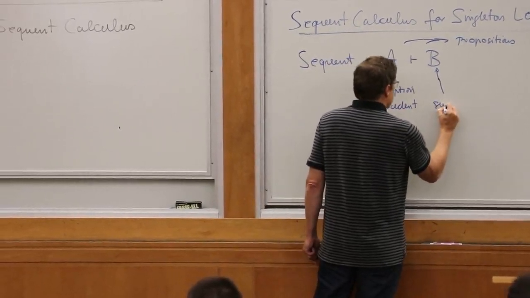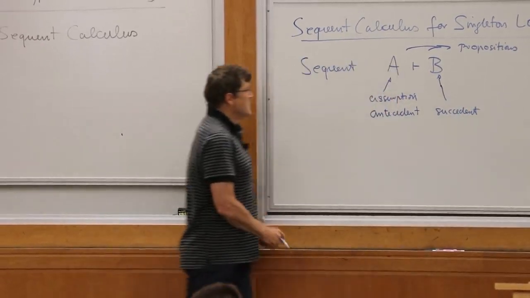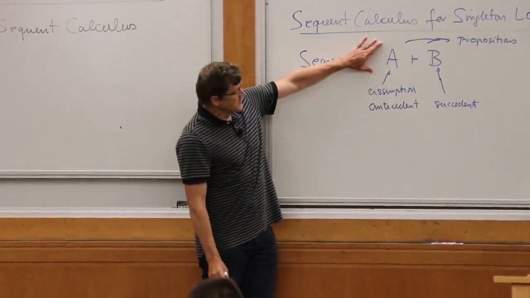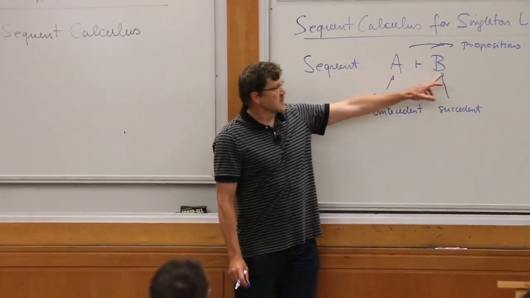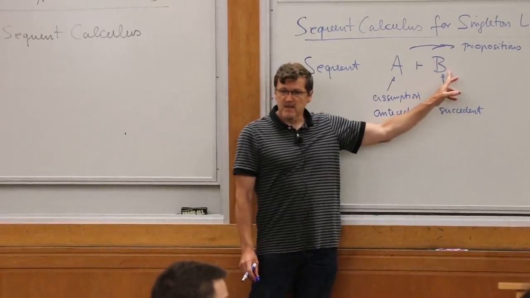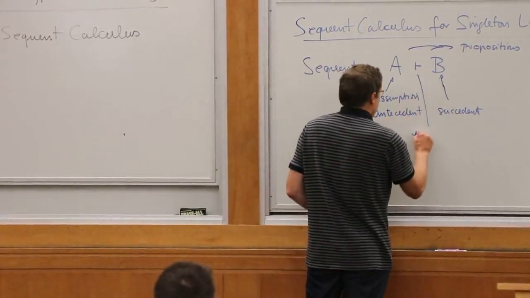And we call this a succedent. Generally, given knowledge of A, I want to show under which circumstances I can deduce knowledge of B. Sometimes we call this entailment.